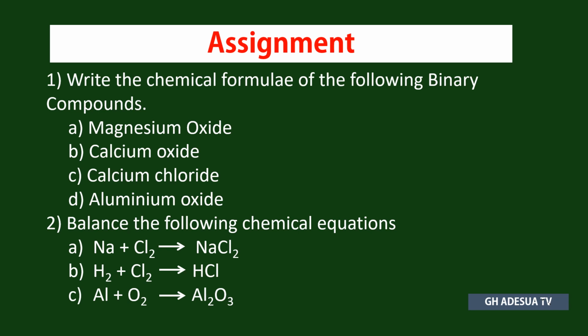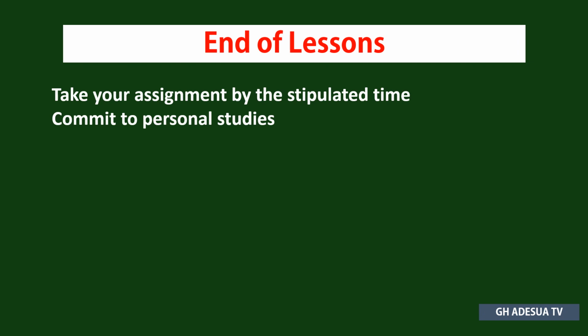Then with question 2, you are balancing the following chemical equations. Just like I just did, you balance these equations for us. Take time. You can go through the video 2 times, get a good understanding, and solve your assignments, and then you submit. The timeline is on the platform. Know when to submit and submit it.